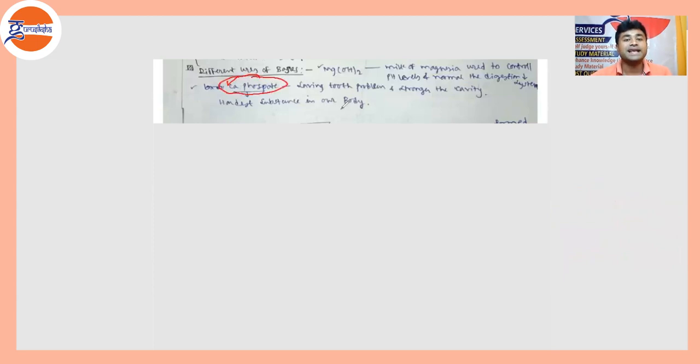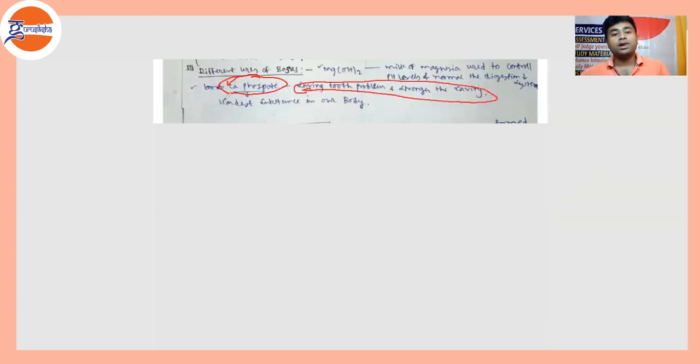Okay, another important use of bases is calcium phosphate. So why do we use calcium? I think all know that calcium is basically used to solve problems in our teeth.